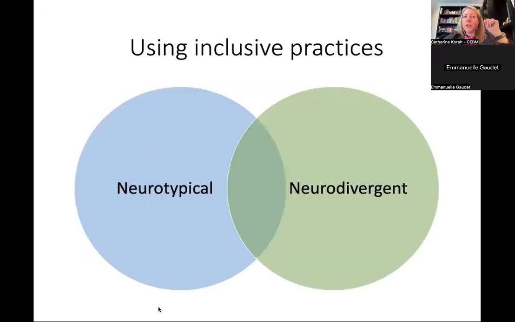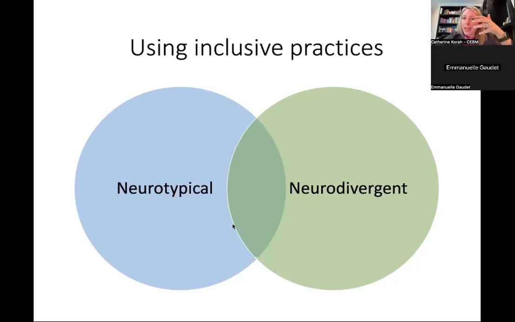So when we're talking about inclusive practices, we're talking about the middle here, where we're bringing together our neurotypical clientele and our neurodiverse clientele, and we are catering to both. You don't need to do measures just for our neurodivergent population and have to duplicate everything. Anything that goes for a neurodivergent person can be just as beneficial to a neurotypical person.